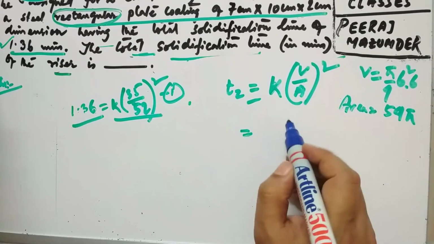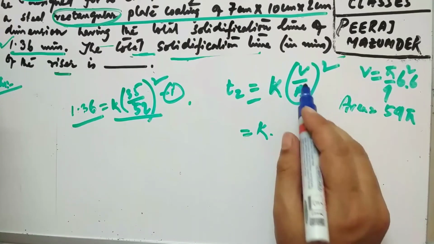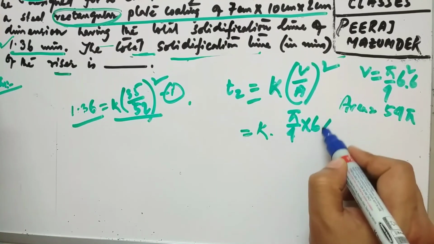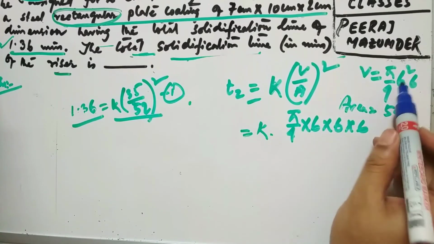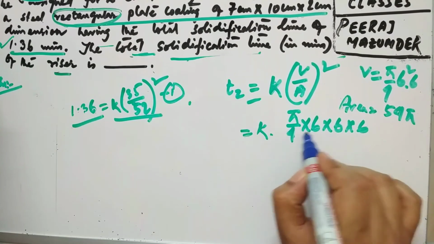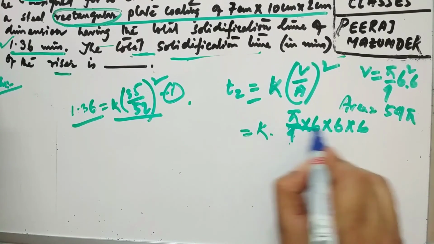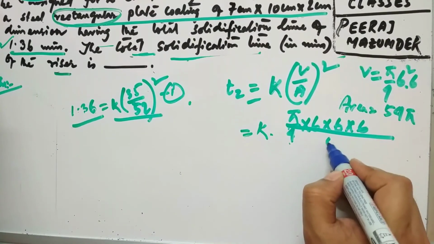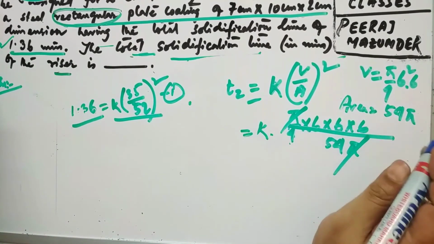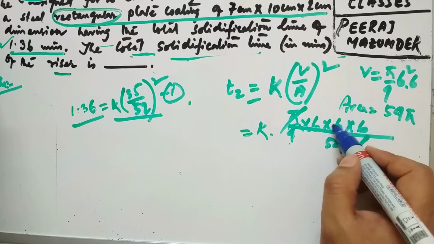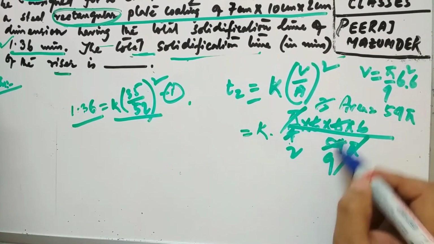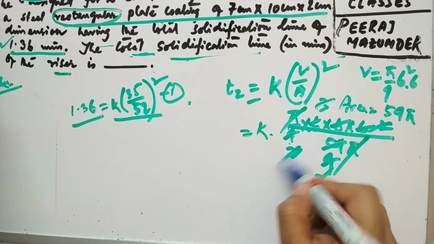So simply putting in this value, K into V is pi by 4 into 6 square into 6, by 54 pi. Now pi cancels out, this one cancels out. This is 3, 3, 3, 9, 3, 2, 6, 2, 2.